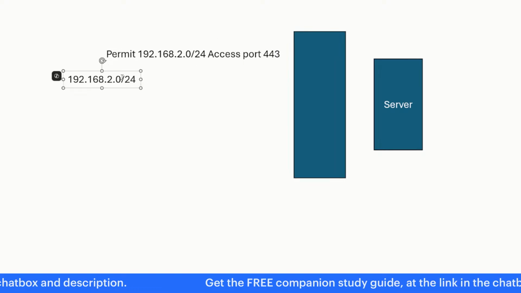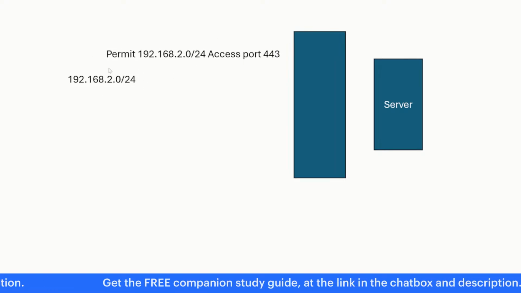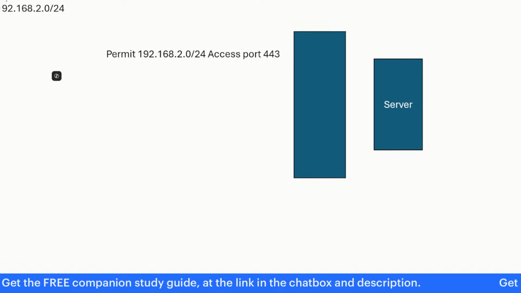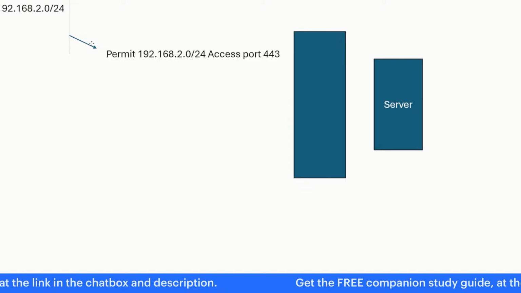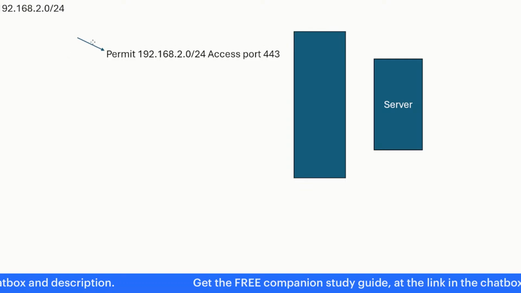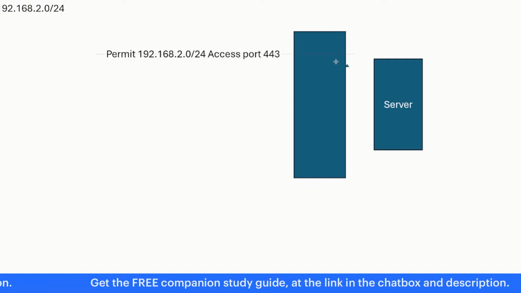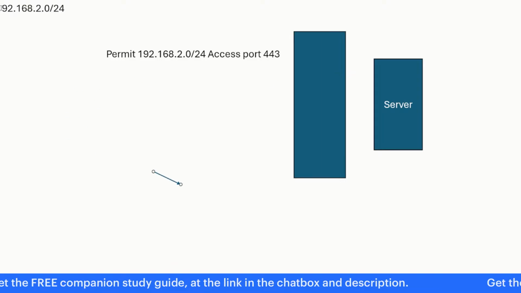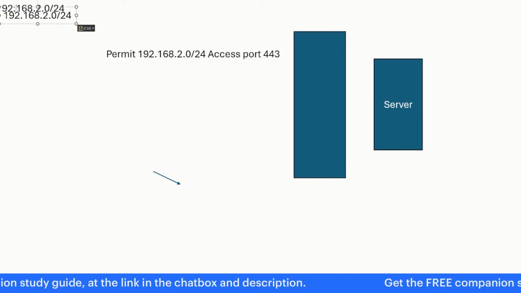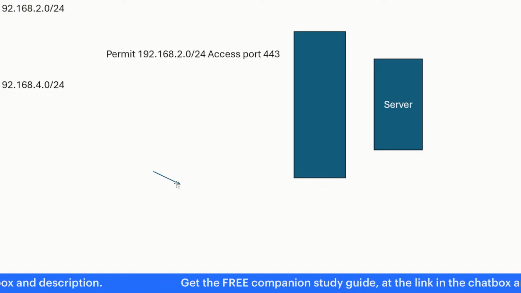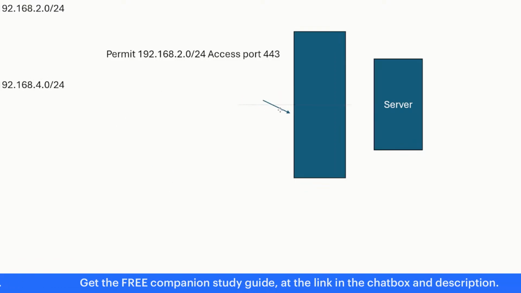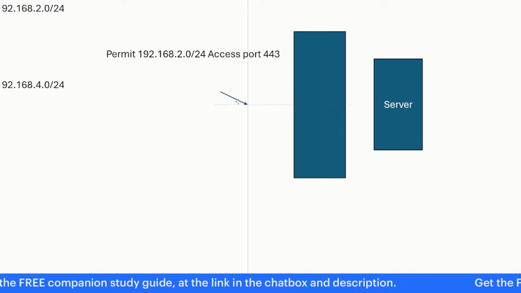And then what we would do is everything else would be blocked. So one of these users tries to access this server, and they're allowed. Now the next thing you know, we get a user, and this next user is coming from this IP address. And as soon as that packet hits this firewall here, it's just dropped.